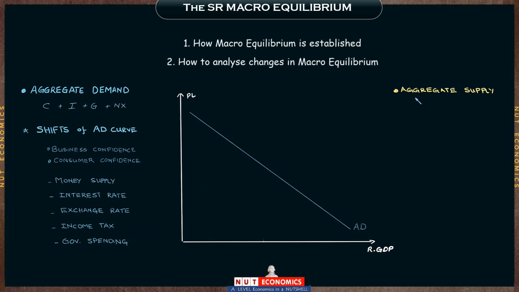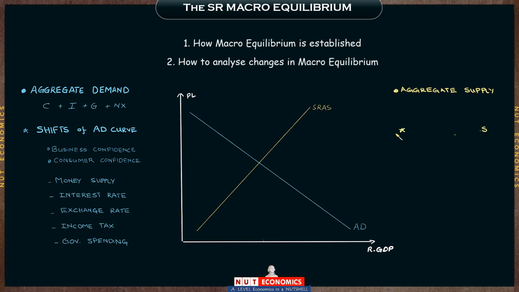On the other hand, as far as aggregate supply is concerned, we learned that aggregate supply is the amount of total output that the firms decide to produce in an economy. And we also learned that in the short run, where wages in the economy are sticky, the short-run aggregate supply curve of an economy is an upward sloping curve, just reflecting the fact that as price levels increase in the short run, if wages are sticky, the total output supplied will also increase.